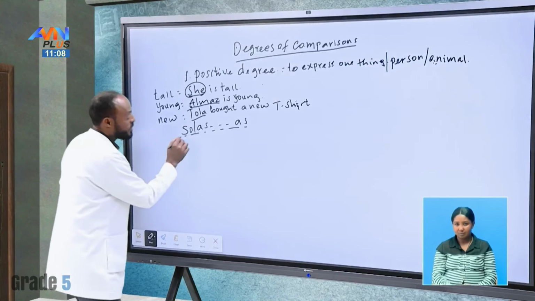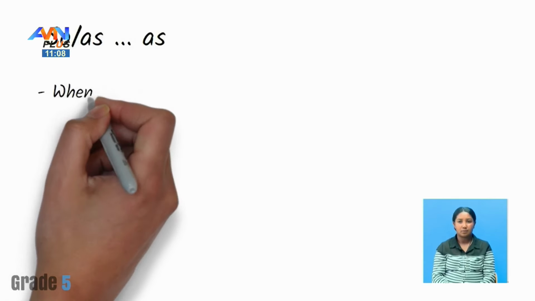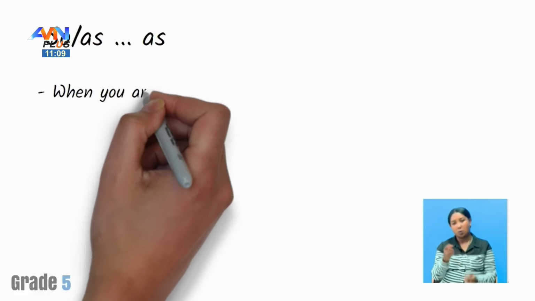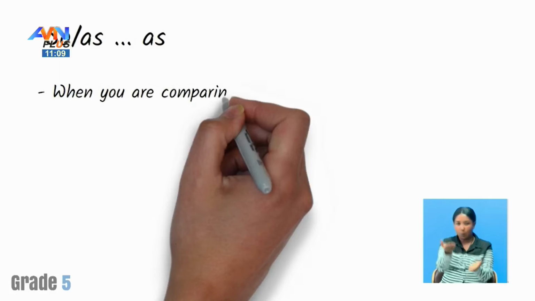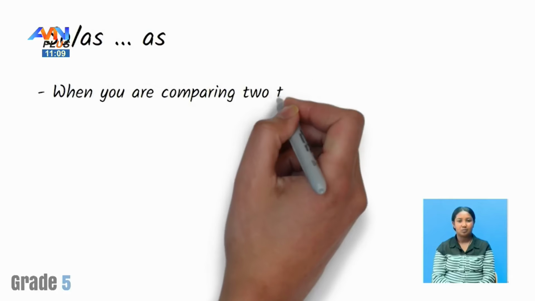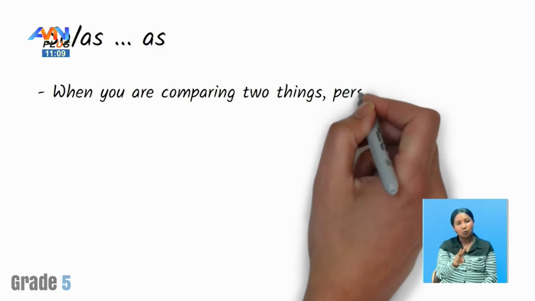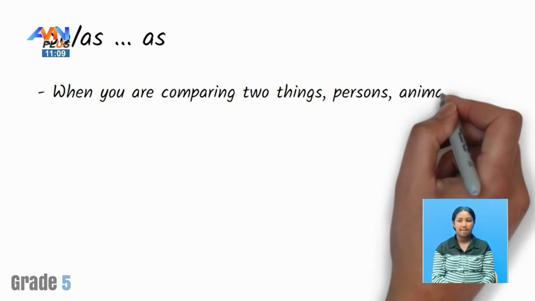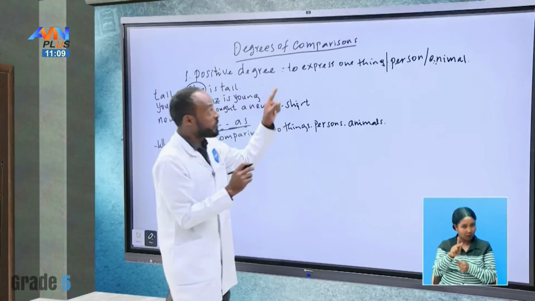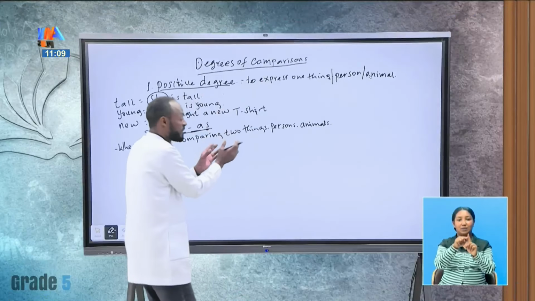Here, student, we can use such kinds of expression when we are comparing. When we are comparing, we're talking about positive degree, but we are comparing.